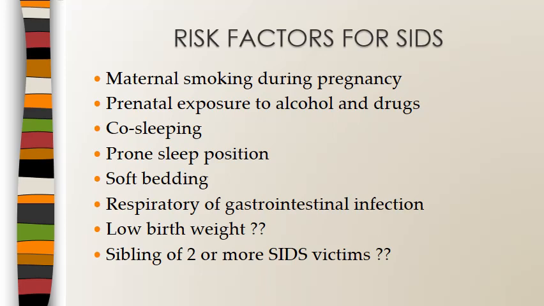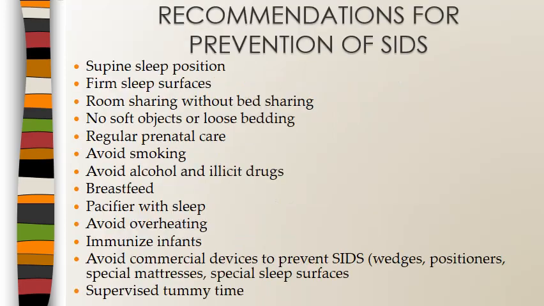So if you have 2 or more siblings that have suffered from SIDS, there's a potential to increase your risk for developing SIDS. So as we had talked about before, there are recommendations for prevention. So sleeping supine on a firm surface, room sharing without bed sharing, no soft objects or loose bedding, regular prenatal care, avoiding smoking, alcohol, and illicit drugs, breastfeeding your baby.